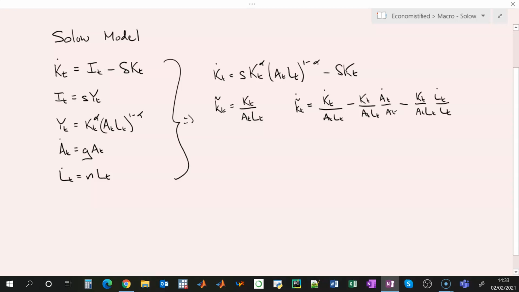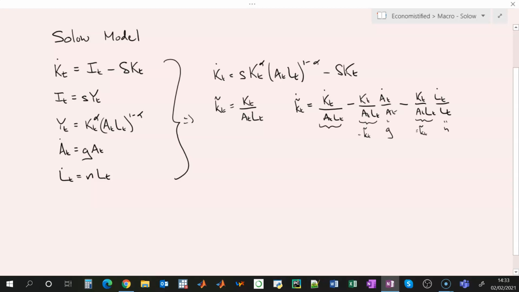So I've just used the product rule here to give me an expression for k tilde dot, so the change in k tilde over time. And I can simplify this, of course. So this is just k tilde. This is just k tilde. This is g. This is n.